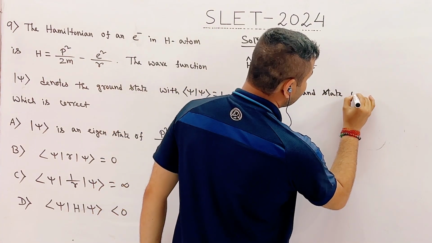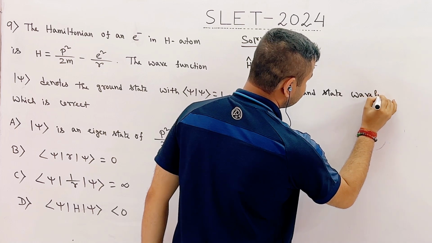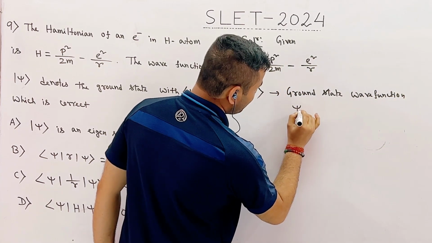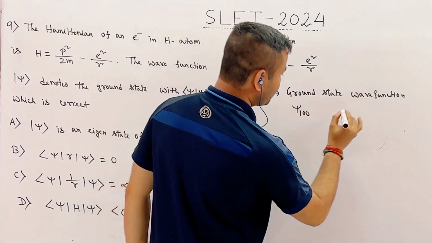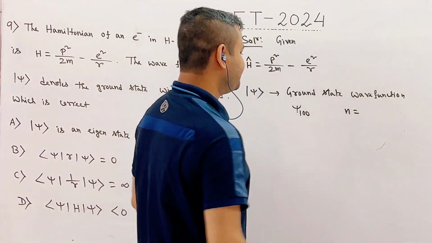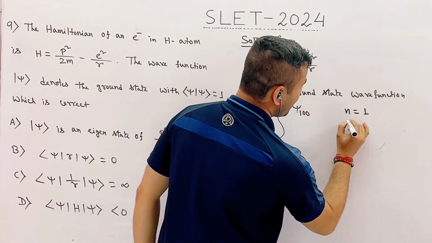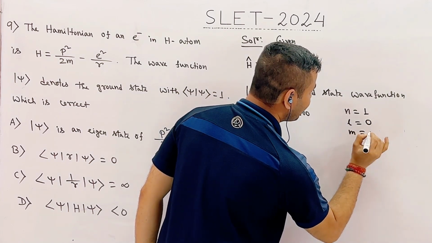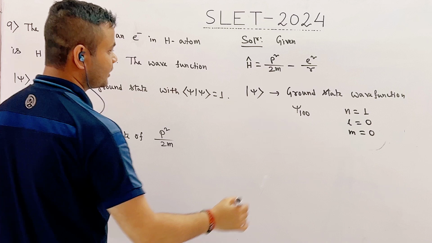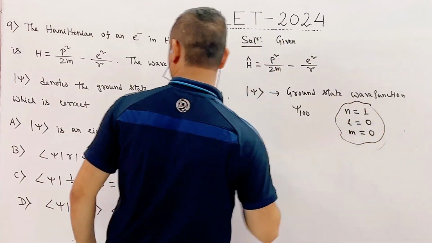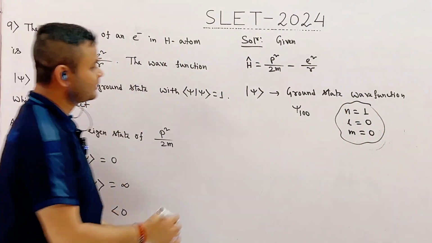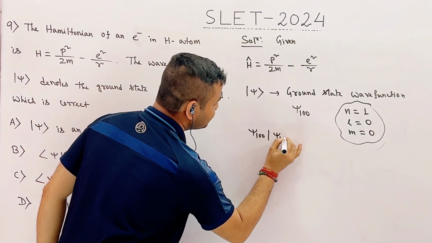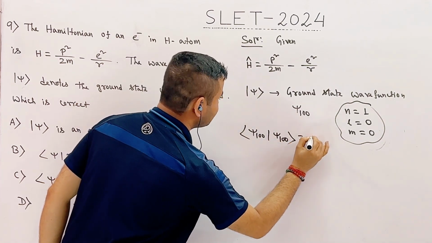That means psi 1 0 0, where the principal quantum number is 1, orbital quantum number is 0 and magnetic quantum number is also 0. Also, this problem says that the inner product of psi 1 0 0 with psi 1 0 0 is 1.